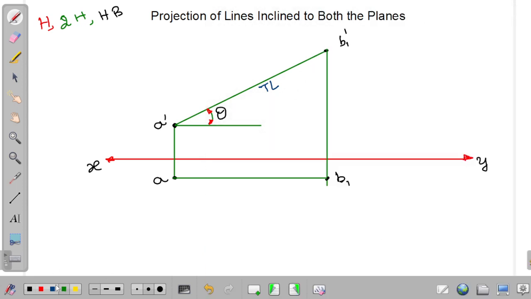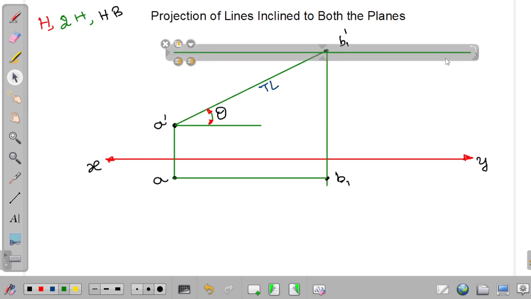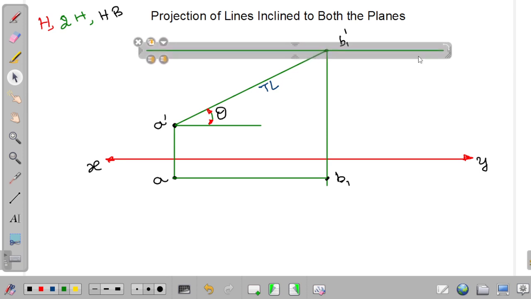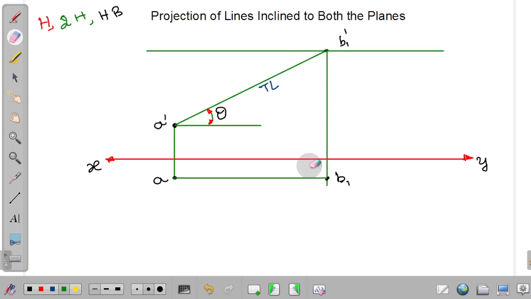Once I draw a line which is parallel to the XY line and passing through B1 dash, what is this line called? This is the locus. All of you clearly observe. Locus of B in front view.